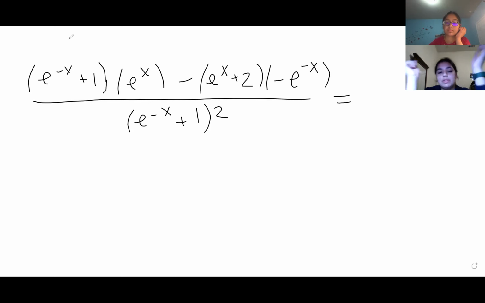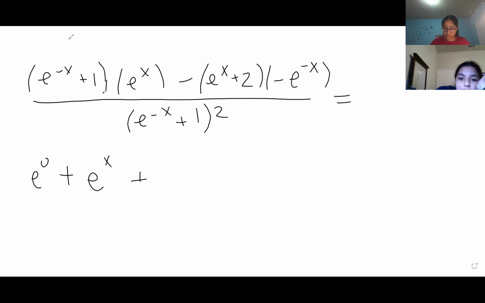And negative x plus x is 0. You get e to the 0. Okay, let's just write it down. 1 plus e to the x, plus e to the 0 again, plus 2e to the negative x. Does this make sense?